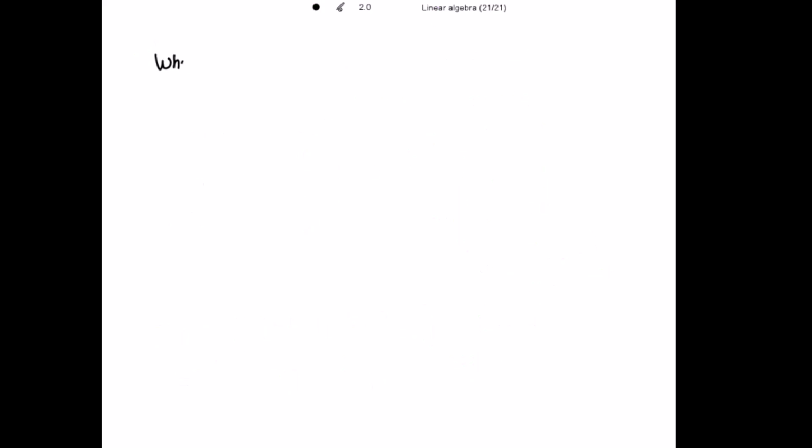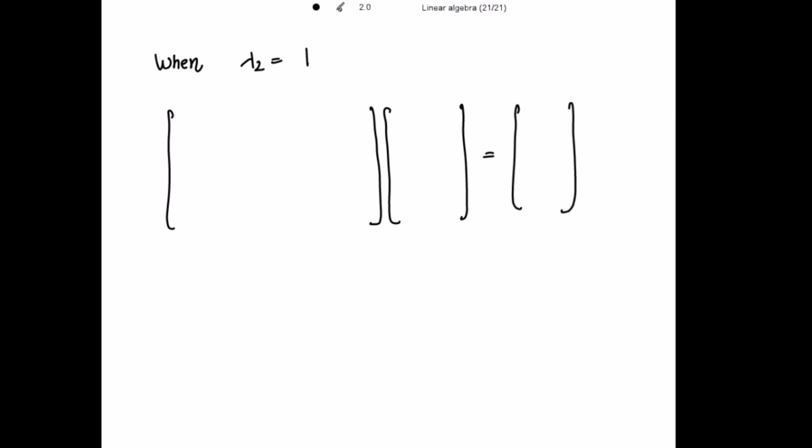Next, now we are working on when lambda 2 is equal to 1, the other eigenvalue lambda 2 equal to 1 of multiplicity 2. So when lambda 2 equal to 1, we need to get this format. This is your x1, x2, x3, x4 and this is 0, 0, 0, 0.